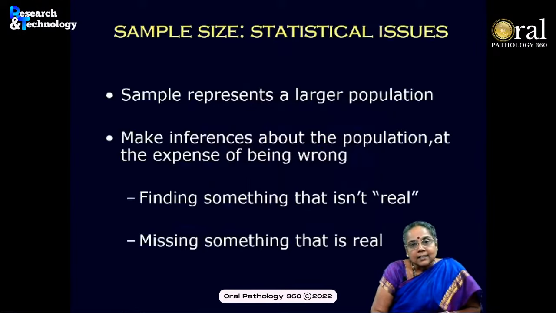Now, we know that a sample represents a larger population. It makes inferences about the population at the expense of being wrong. So, however stringently we do our study, there is a scope that we might find something that is not real, or we may miss something that is real.